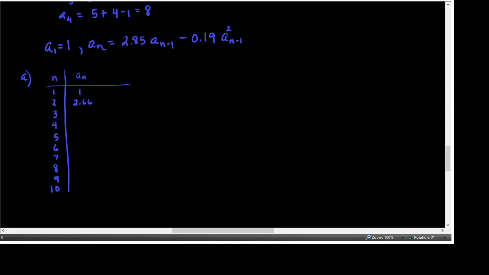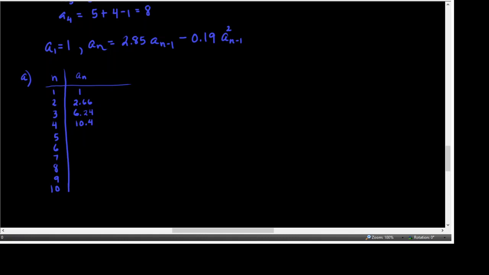I'm going to round it to fewer places because we're going to graph it, so it's not as crucial. So I'm going to round that to 6.24. Okay, and I'm going to keep going. For a sub 4, it's going to be 2.85 times that 6 number, minus 0.19 times that 6 number squared. And that gives us a number that's about 10.4.